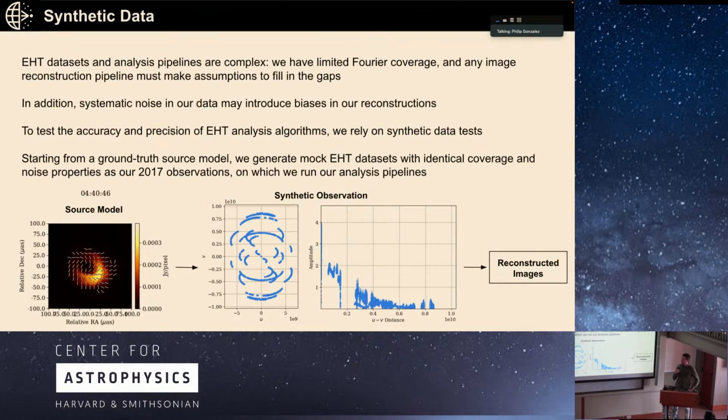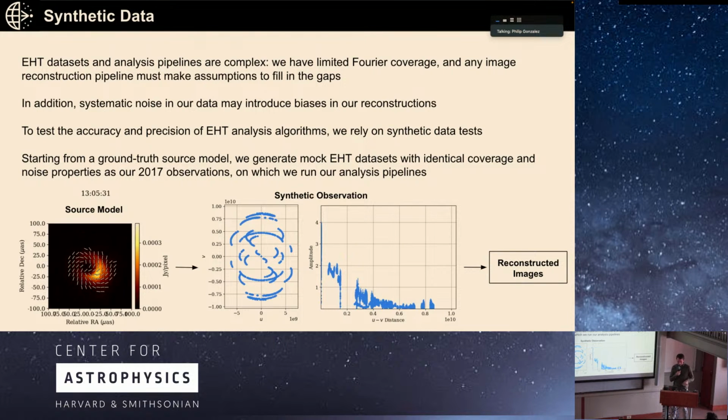All right. Yeah, so as Avery said, we have all these different methods to deal with the complexities in the EHT data and our challenges, which are the limited Fourier coverage, the time variability, and the sources of systematic noise in our data. So to test how well our reconstruction algorithms do at reconstructing the polarized source structure, we rely on synthetic data tests.